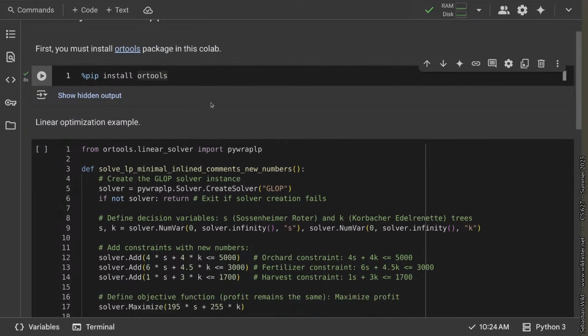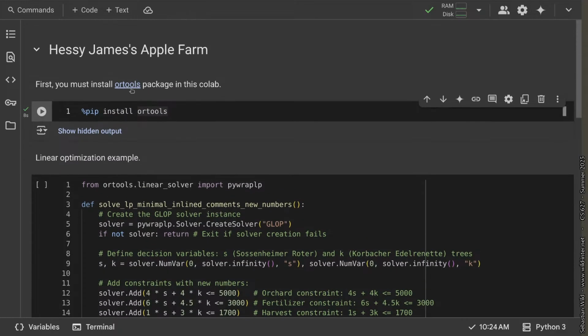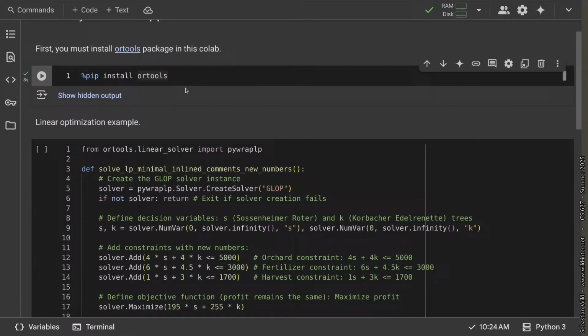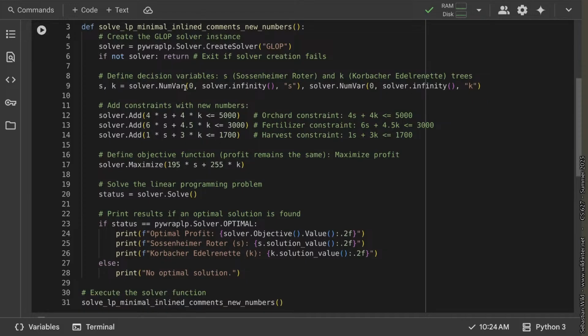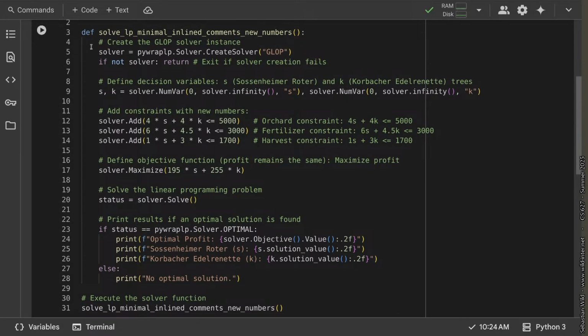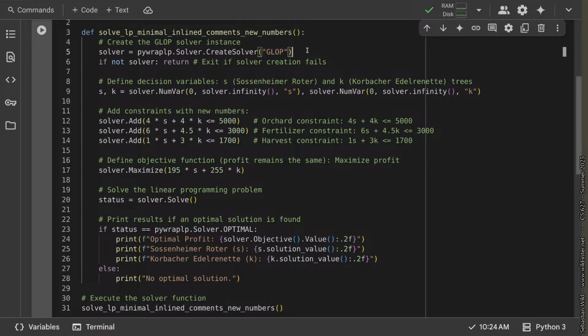The setup is essentially taken from Google's OR tools, which makes this very, very easy to do. And that's all you need. You need to import some solver code and so on, but I just took this from their documentation. The real problem starts here.